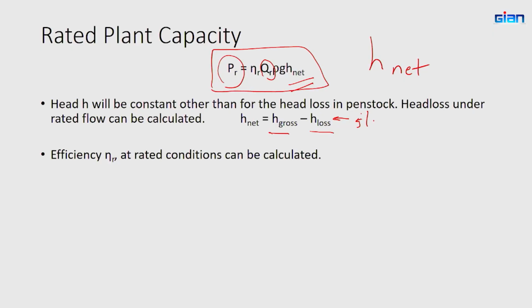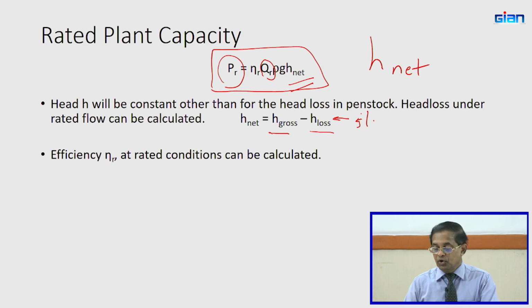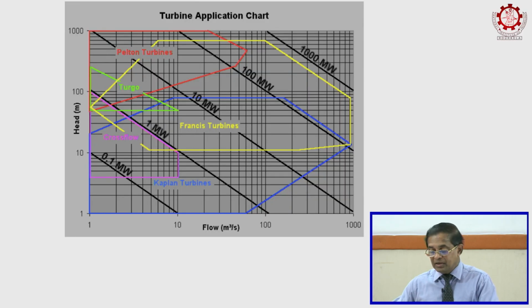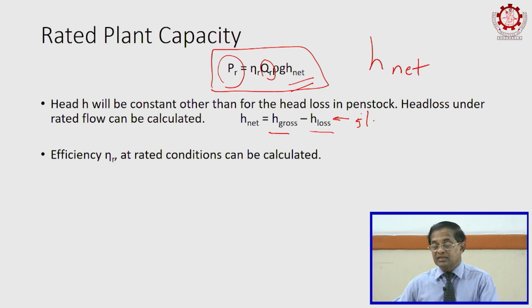So, this will be then your rated plant capacity. You can call your project 5 megawatt, 3 megawatt or 1 megawatt after deciding the rated flow and deciding the head loss so that you can get the net head, then you know exactly what is your plant capacity.